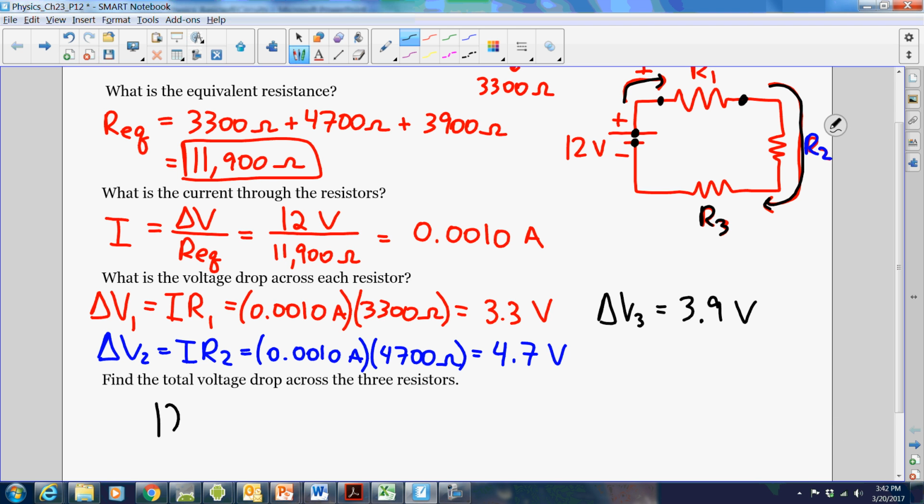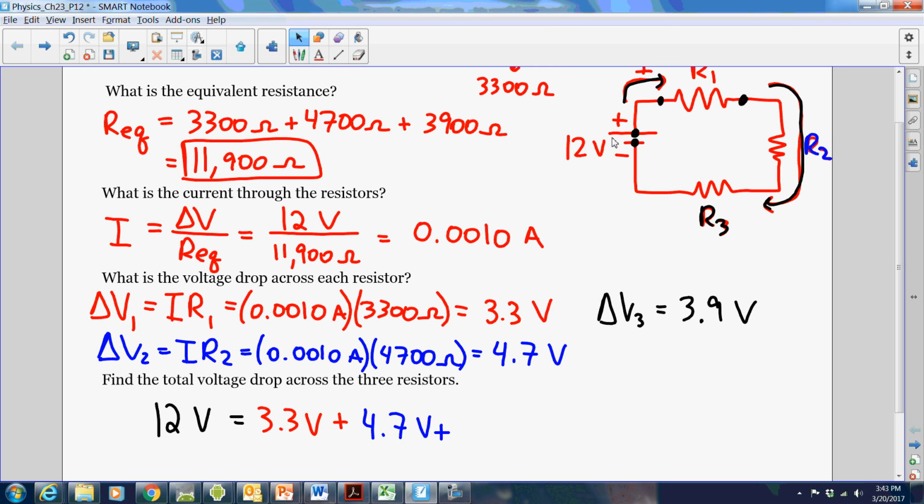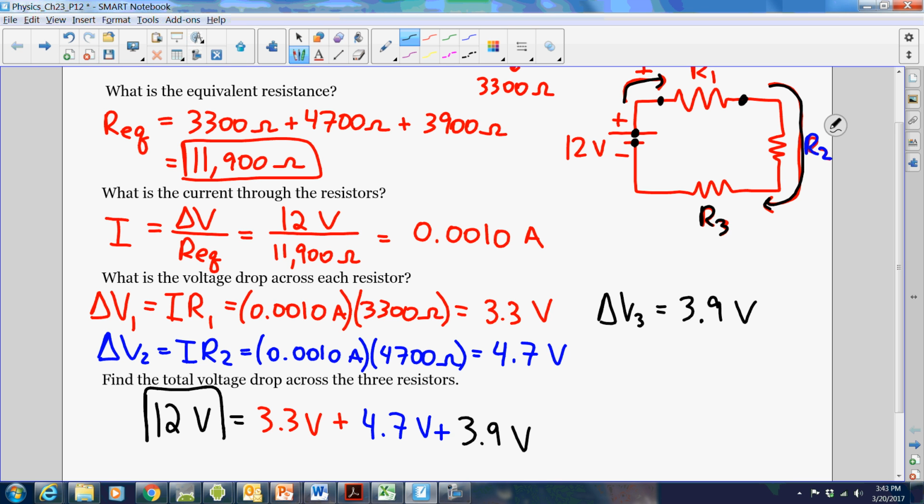So the answer is just 12 volts. But you could also solve for that by adding up the voltage drops. So you would have 3.3 volts from the first one, 4.7, and add on 3.9. Okay, that's an example of using the rules for a series circuit.